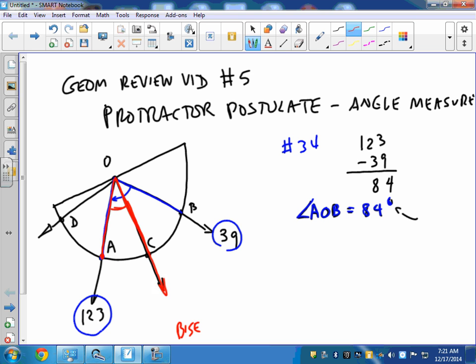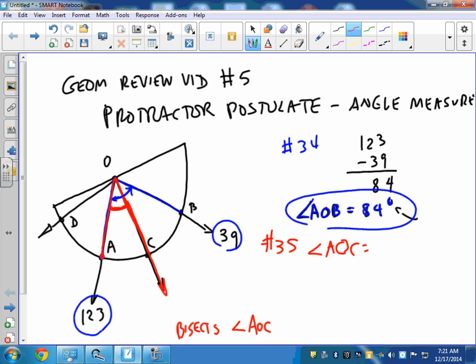Cuts into two equal parts, bisects angle AOB. Okay, so that's sort of nice. That tells us that this angle here is half as large as the blue one. Okay, and we already know the blue one was 84. So that means the red one, angle AOC, number 35, angle AOC is half of 34, which is 42 degrees. Okay, so that's not too bad.